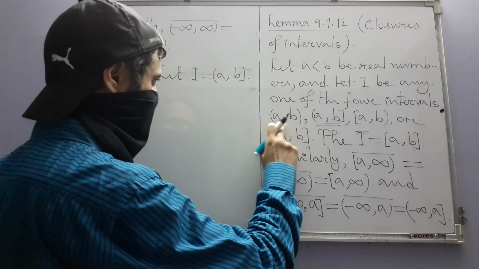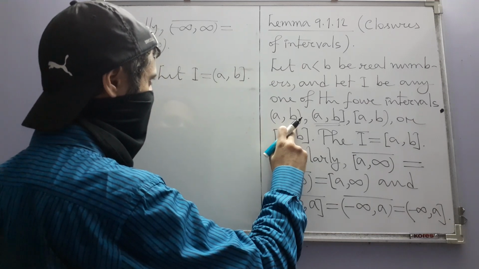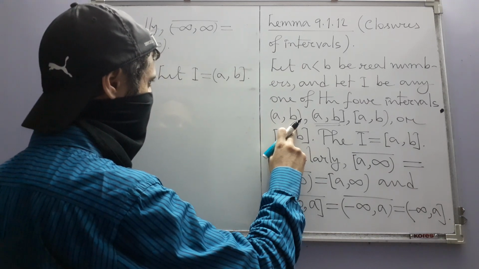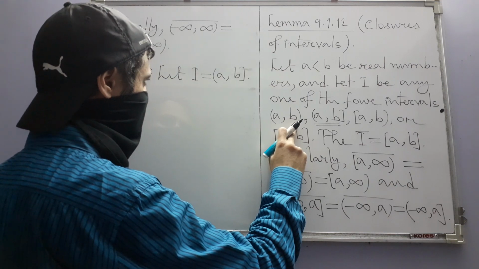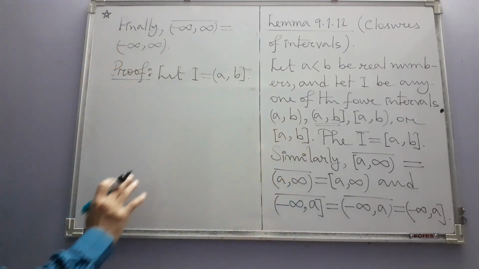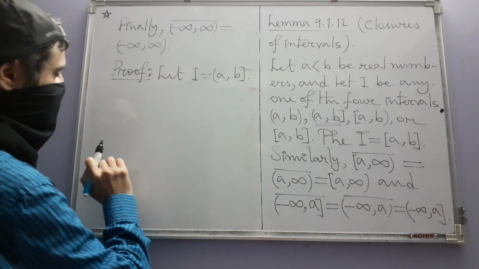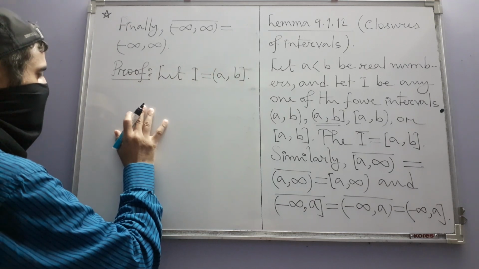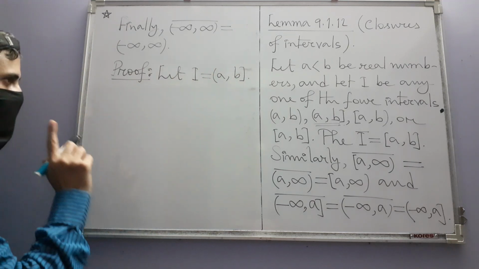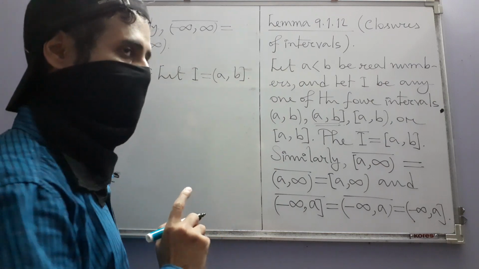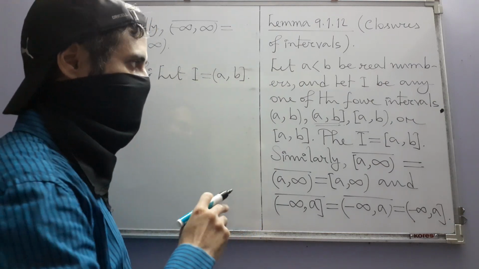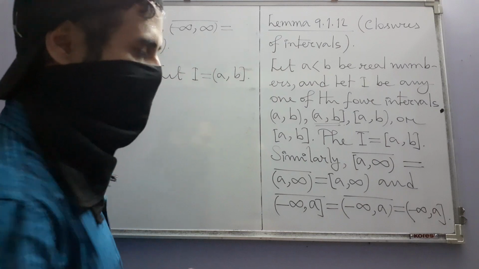Actually, I could have chosen this one. In fact, this one is the, I won't say the most difficult, but anyway, let's just do this itself. All right. Now, we are immediately going to use the properties of closures that we have seen in the previous lemma.